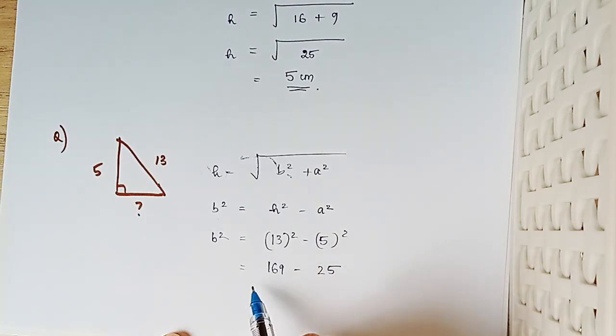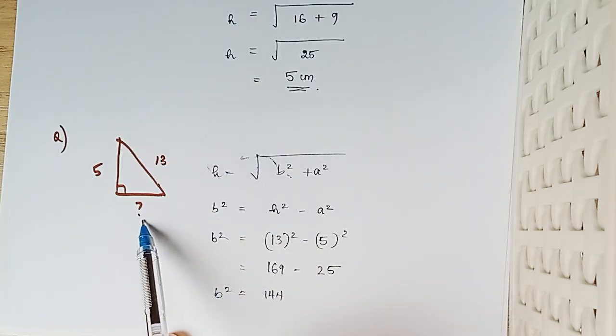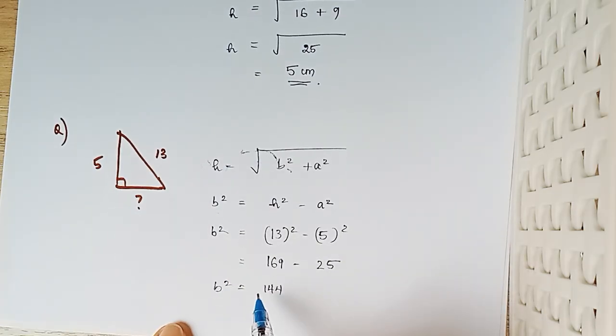What is the value of 169 minus 25? 144. So 144 is base square, but we need to find the base. To find base, we need to take the root of this. So base is equal to root of 144, which is equal to 12 centimeters.